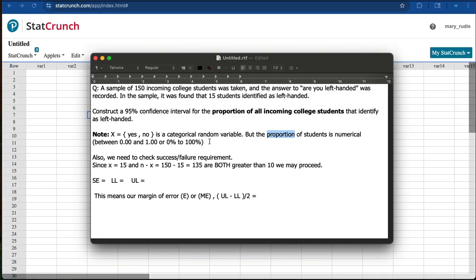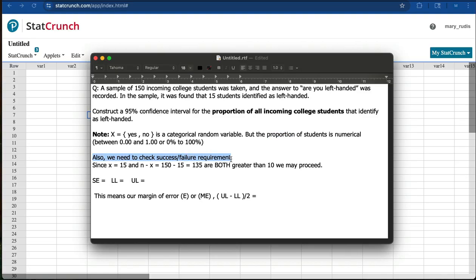We defined that as p hat. That's your sample proportion of successes x divided by sample size n, or trials n. And that is a numerical random variable, and it takes on a value between 0 and 1 because it's a proportion. 15 divided by 150 is going to give you a decimal value, and that's what a proportion is.